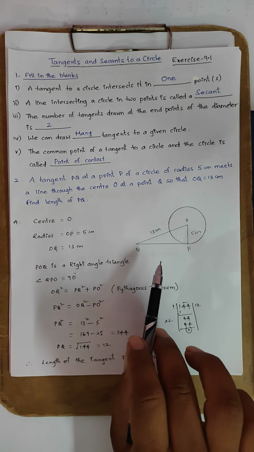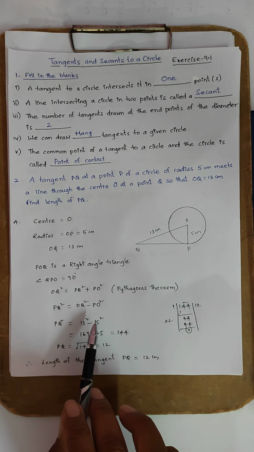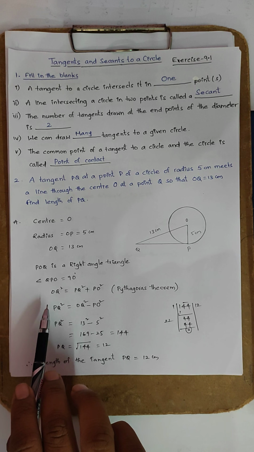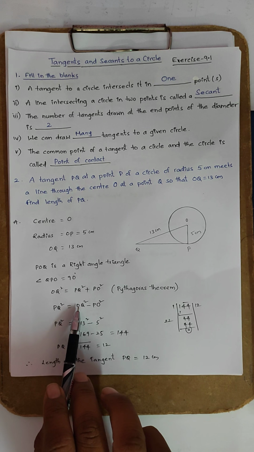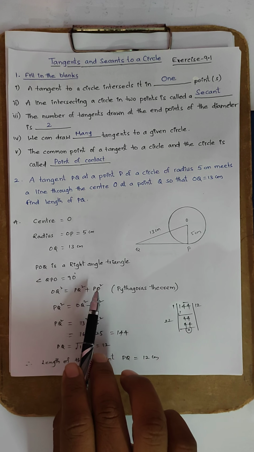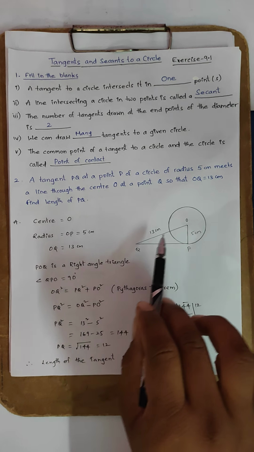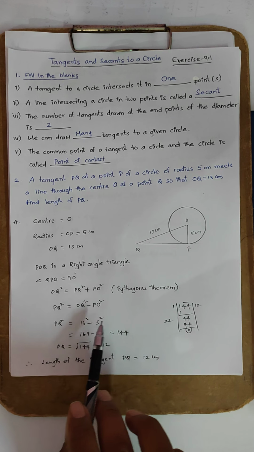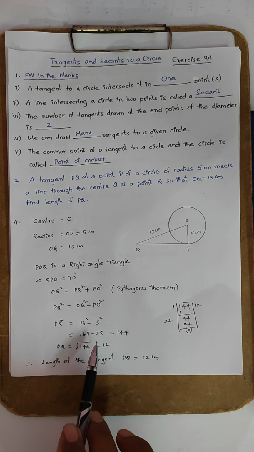Now we need to find the value of PQ. So write PQ as the subject. Send this PO square from the right hand side to the left hand side. PQ square is equal to OQ square minus PO square. The value of OQ is 13, so 13 square, minus PO value 5 square. 13 13s are 169, 5 5s are 25.